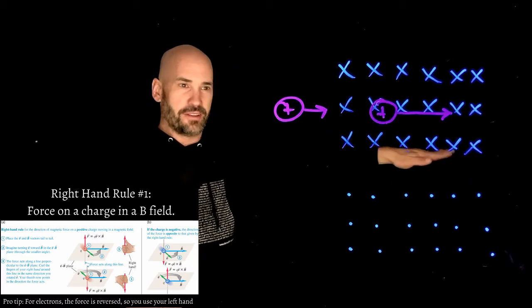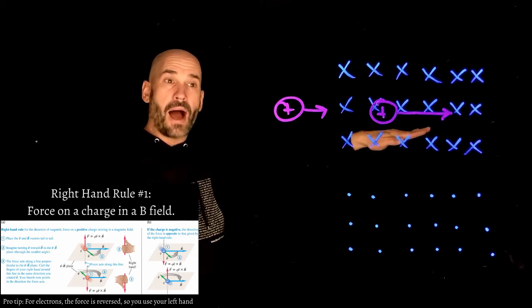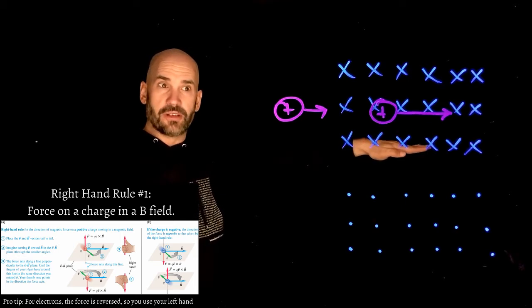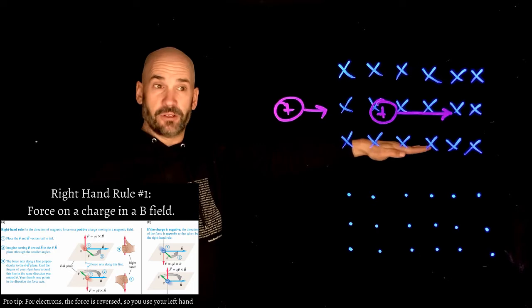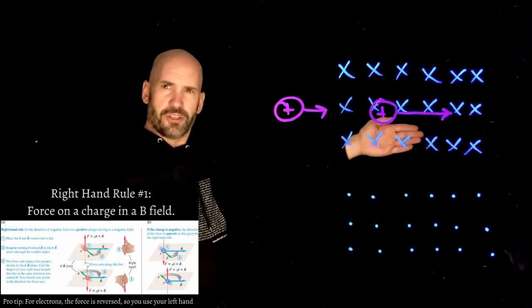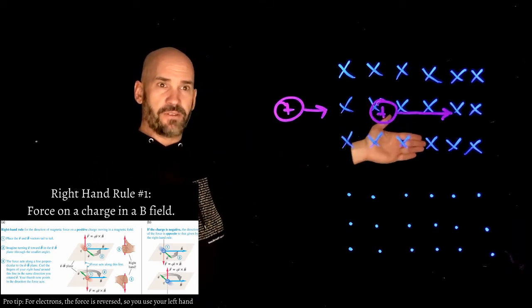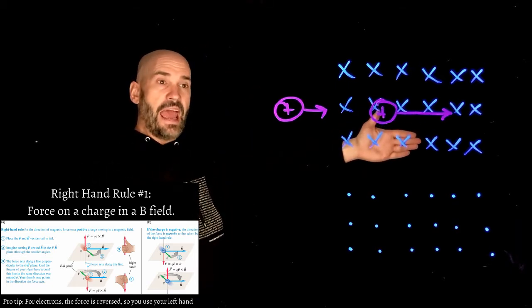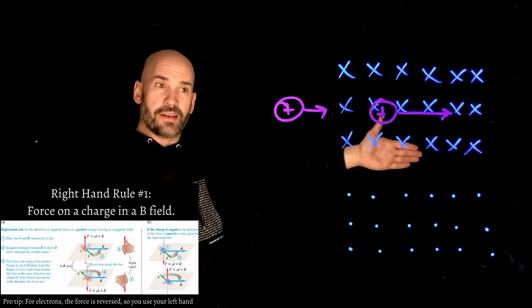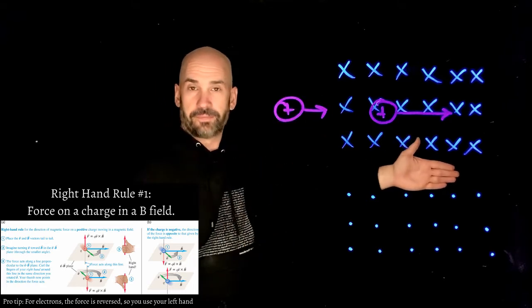Anyways, so the particle's moving this way. The second thing I do is I point my palm in the direction of the magnetic field. So in this case, the magnetic field's going this way. So I point my palm, and you guys should be following along. I point my palm in the direction of the magnetic field, which is that way. And then my thumb is going to be the direction of the force on the particle.